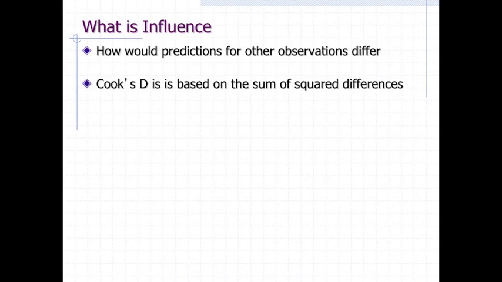If the predictions are the same with or without the observation in question, then the observation has no influence on the regression model. If the predictions differ greatly when the observation is not included in the analysis, then the observation is influential.